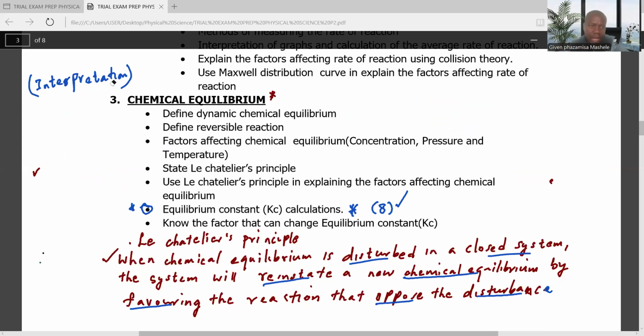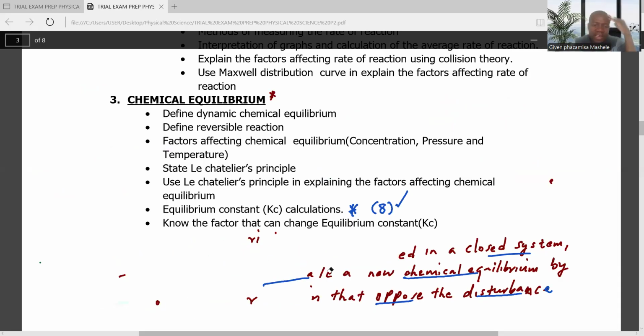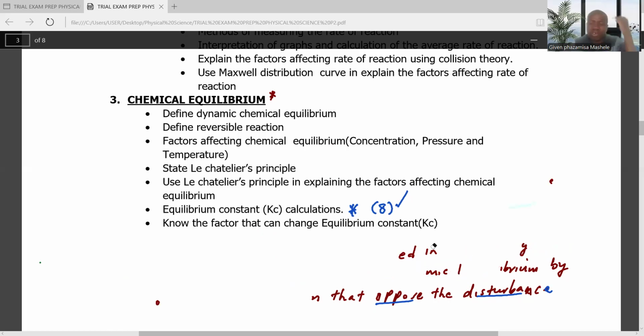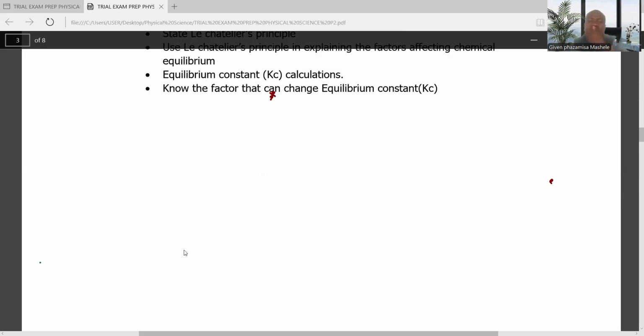Now I need to explain something very important here. Let me first explain the factors in terms of Le Chatelier's principle.